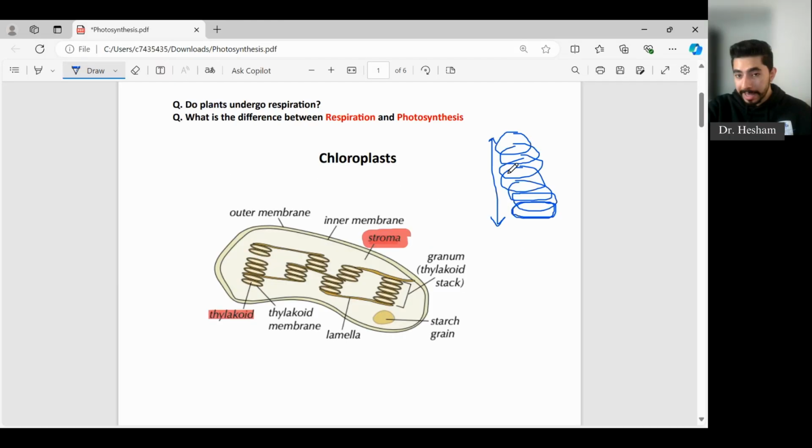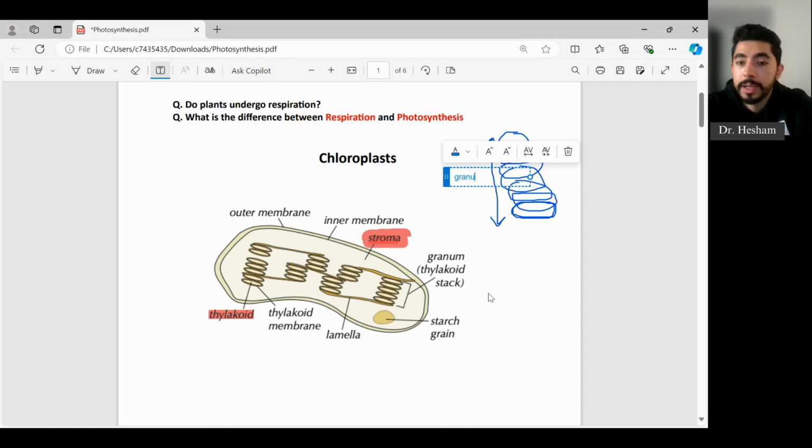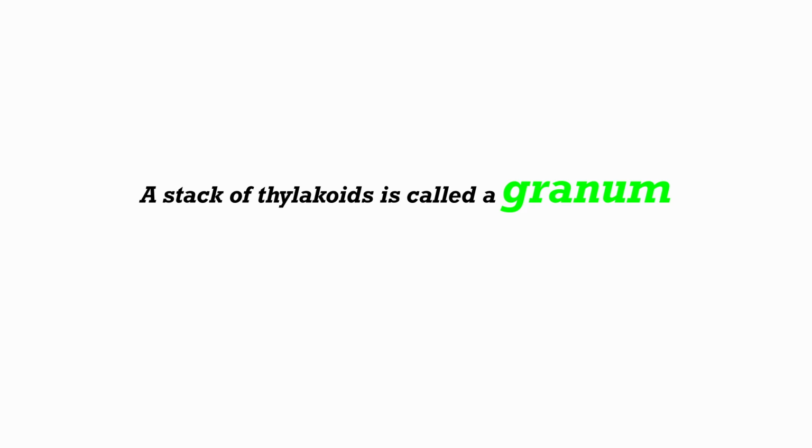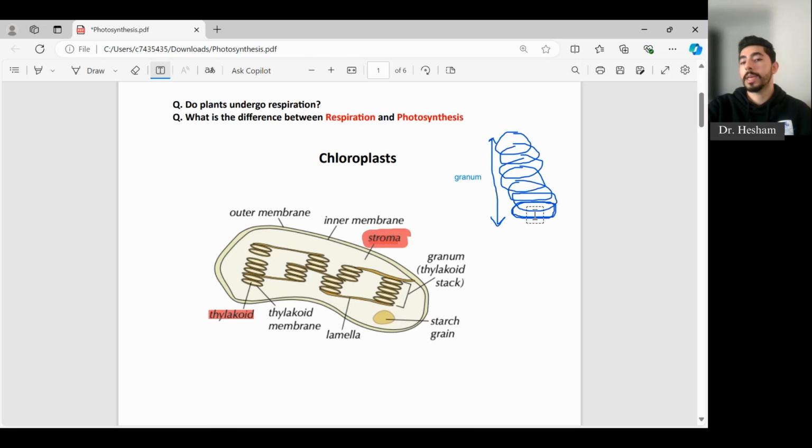This stack of multiple thylakoids is called a granum. So a single stack is called a granum. And this is an important term to know, an important keyword to use in your exams. So a granum is a single stack of multiple thylakoids, and a thylakoid is a single disc where photosynthesis happens.